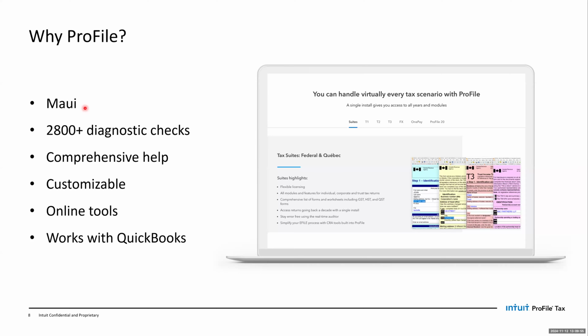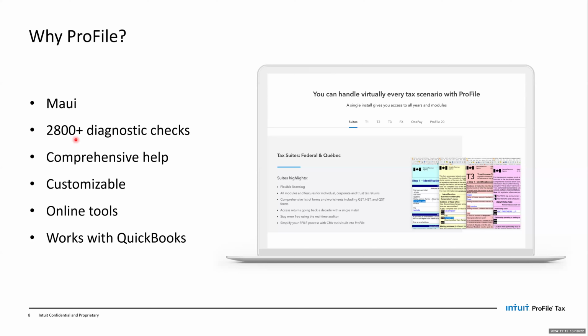And it's also comprehensive in the sense that at the same time, I could work on a 2024 or 2023 return and a 2022 return, and have a T2 return open. It's all there. It's all in one window. If you have multiple windows, I could have a T1 on one window and one screen and T2 in another screen.